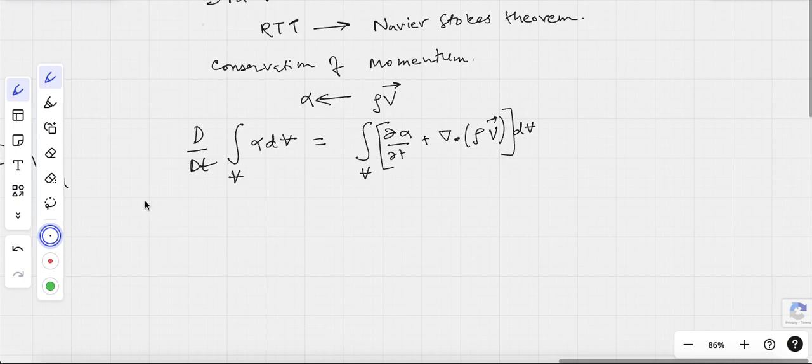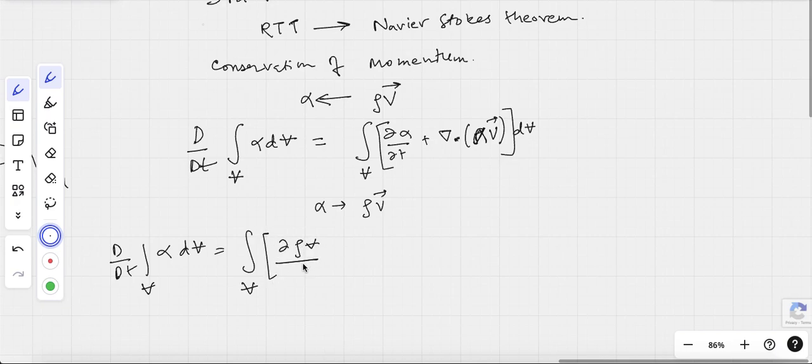For Navier-Stokes, I'm sorry, this will be alpha. For Navier-Stokes, alpha will be replaced by this, so this will become the integration of d(rho v)/dt plus divergence of rho v, another v term, dV, right?